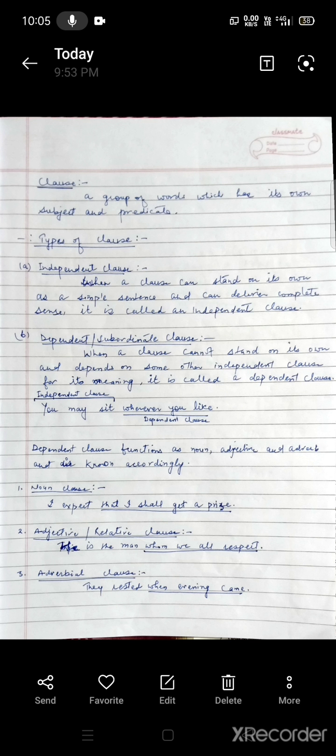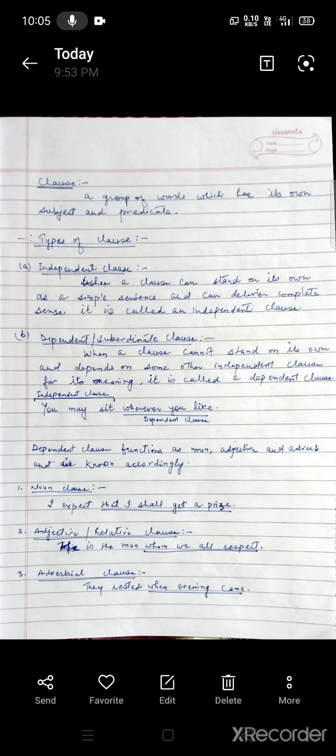Now the next thing we have to discuss is that a dependent clause can play the role of different parts of speech. What I mean is, a dependent clause sometimes functions as a noun, sometimes as an adjective, and at other times as an adverb.